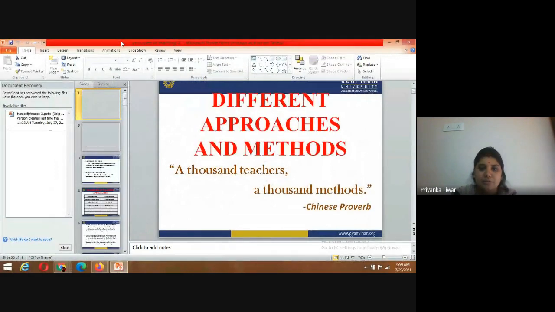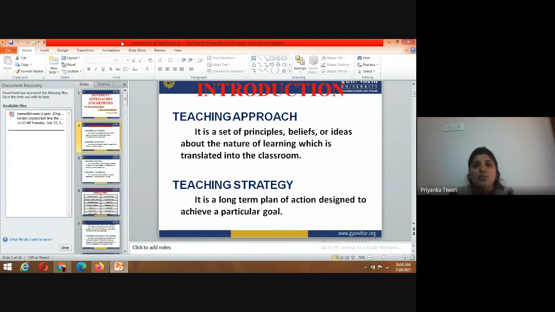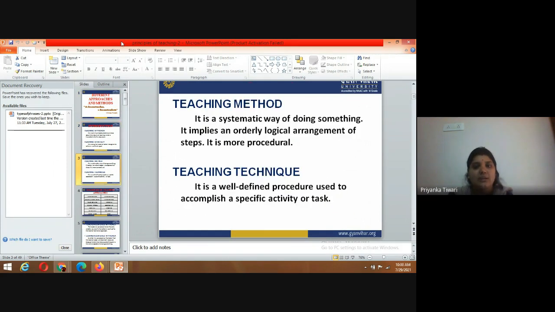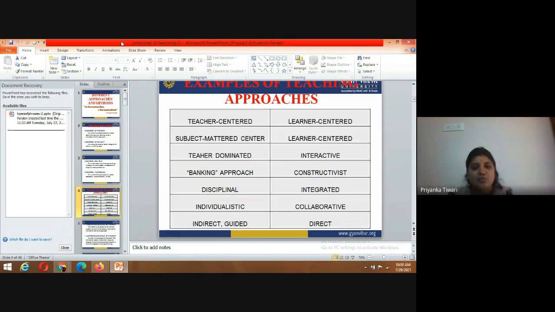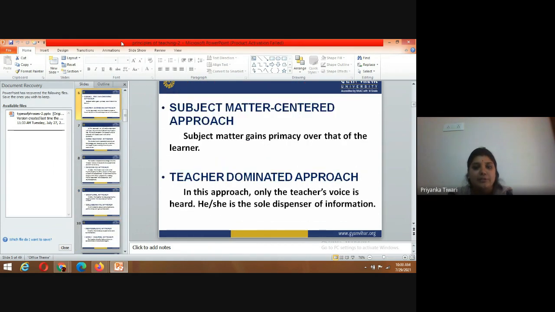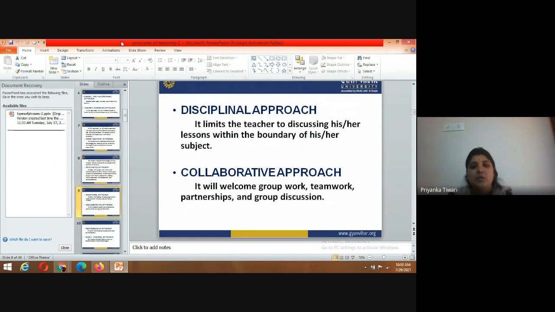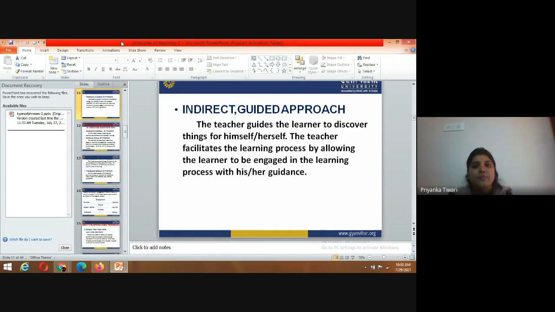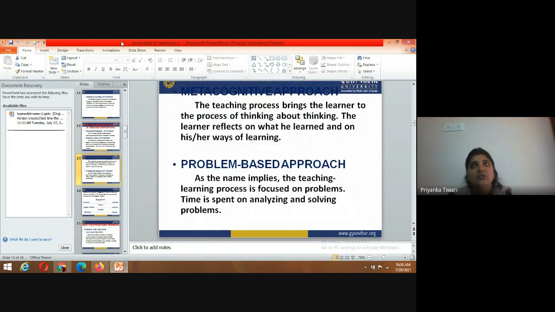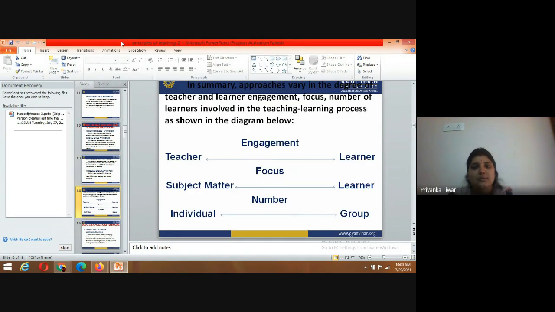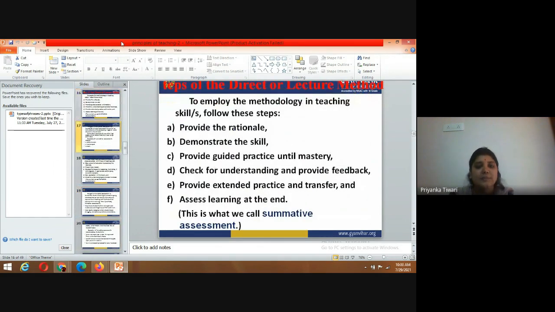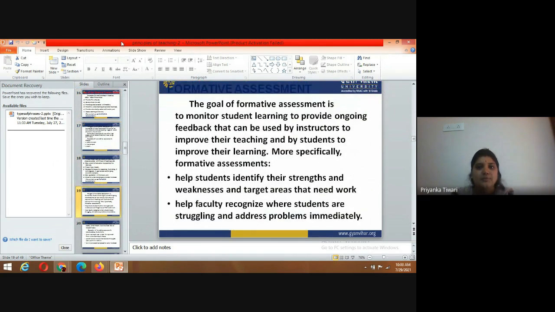We have discussed teaching approaches and strategy methods, learner-centered and teacher-centered approaches, the constructive and integrated approach, the interdisciplinary collaborative approach, individual direct teaching, indirect guided, research and problem-based approaches, and the direct and indirect methods. All these points we have covered.